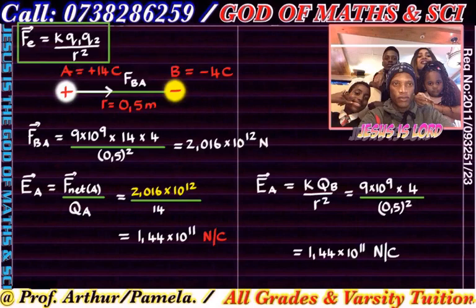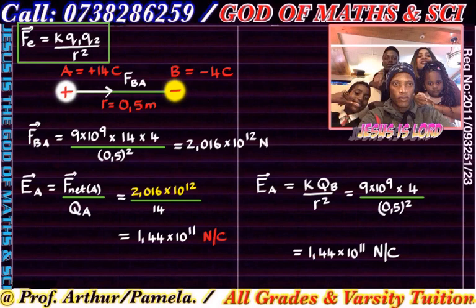So the same question I asked you before, what was the net force on A due to B? Then I ask the same question, instead of saying force, I say, what is the net electric field on A due to B? Same question. Net force because of B, electric field because of B.